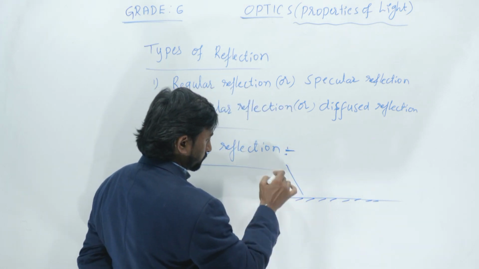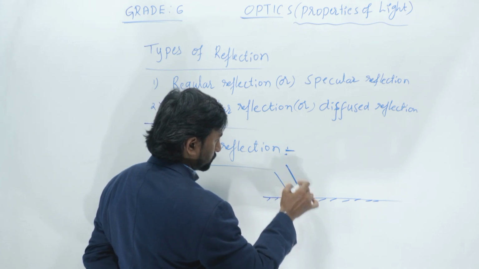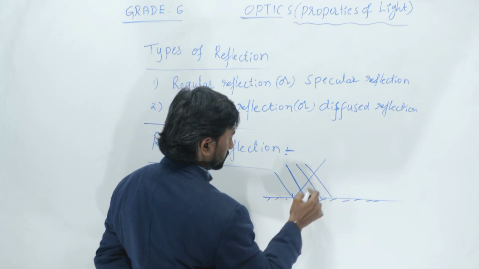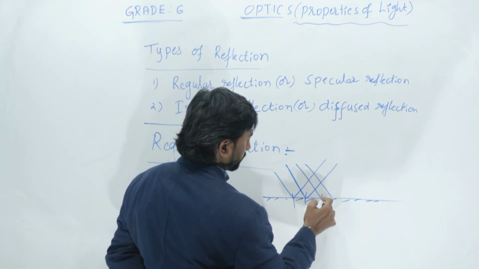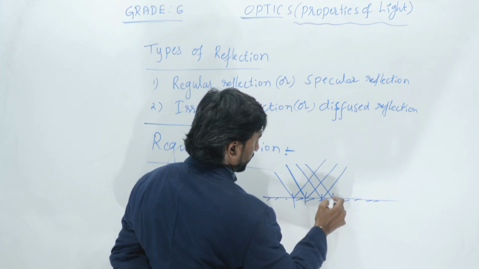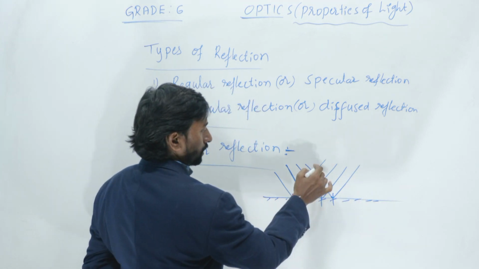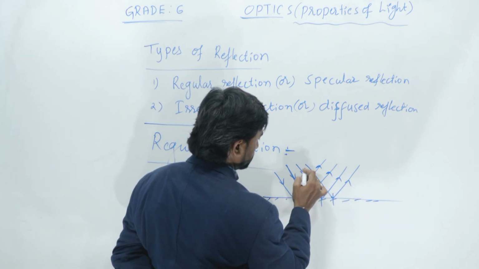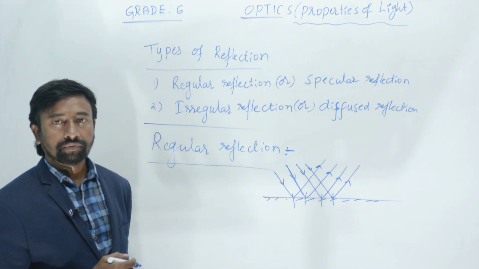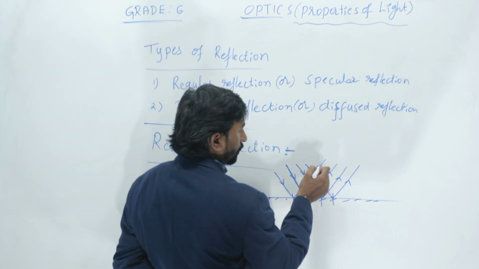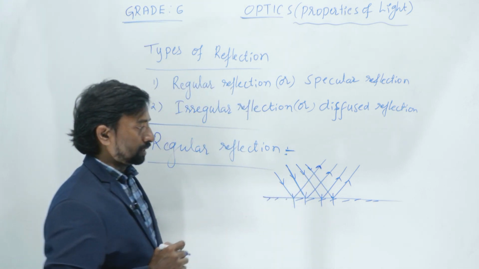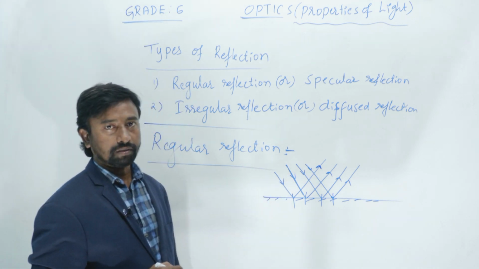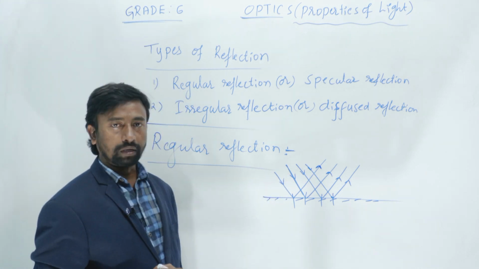If the incident rays are parallel to each other and, after reflecting from the surface, the reflected rays are also parallel to each other, then that reflection is said to be regular reflection.